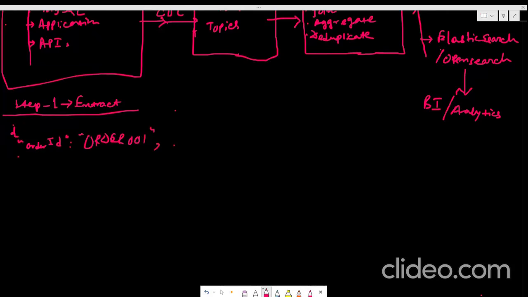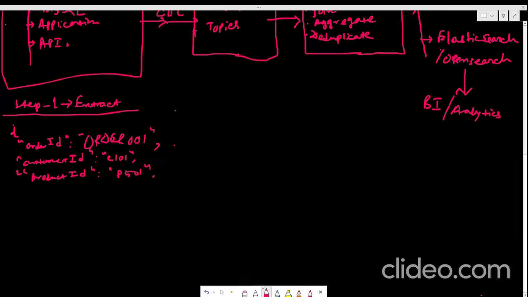Then the customer who gave the order has one customer ID, some C101, that kind of thing. Next, it will be an order for a product, right? So there will be some product ID. I'm just giving an example, suppose P501. That is one product ID.